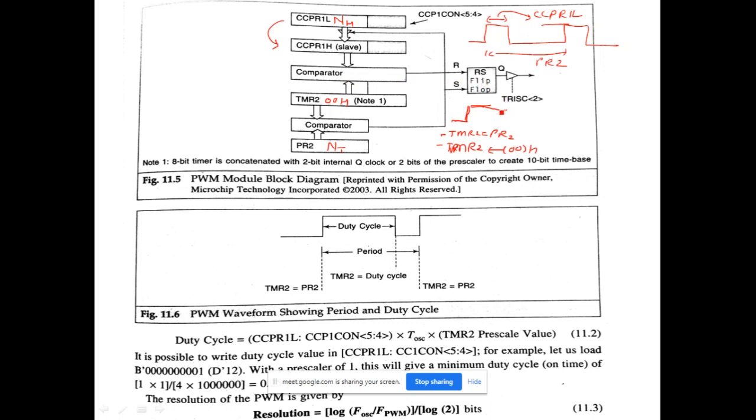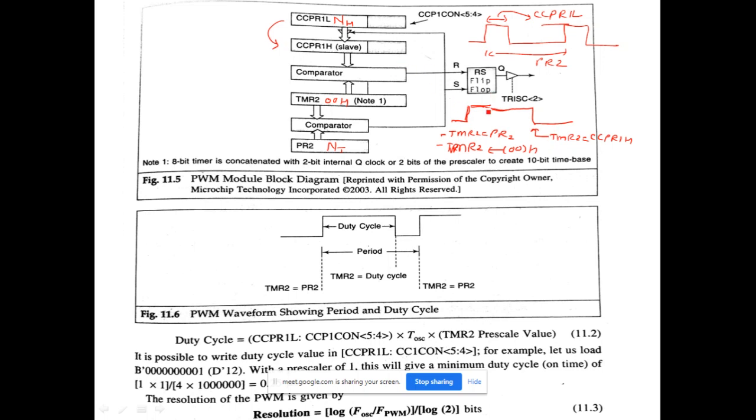So after some time, it will reset the flip-flop. This will happen when the content of TMR2 becomes equal to CCPR1H.